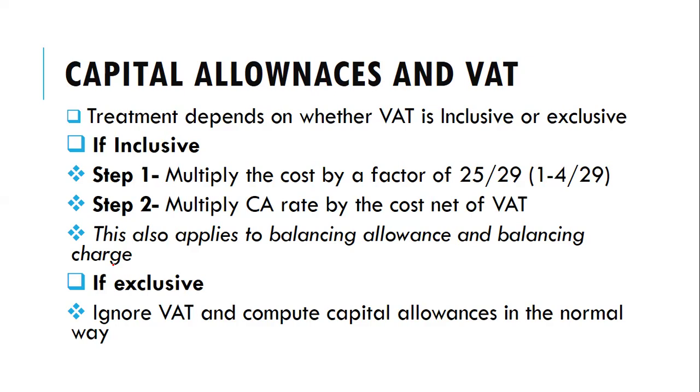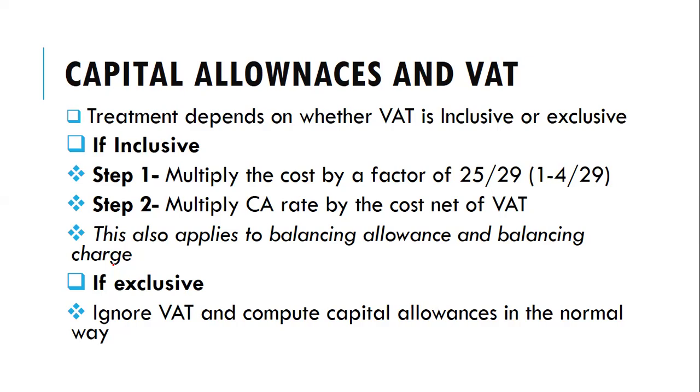So VAT on items or assets that are used in the business, you recover, that input VAT. But if an asset is VAT inclusive and you claim capital allowances, it means you are double accounting, because that VAT is going to be claimed, and then again, when you're calculating capital allowances, you inflate the cost because the cost is inclusive of VAT.